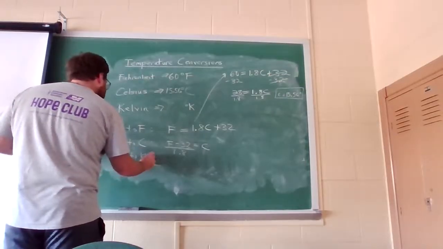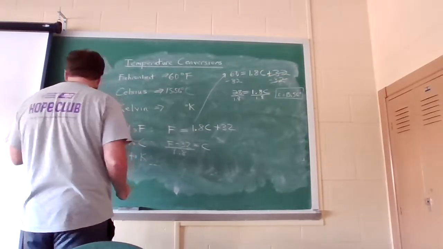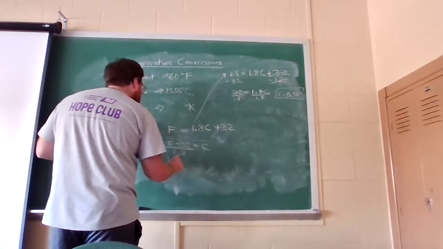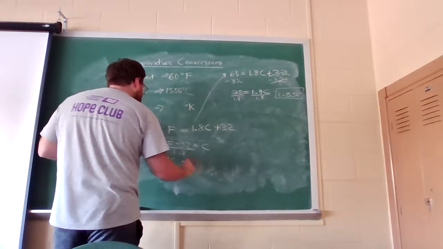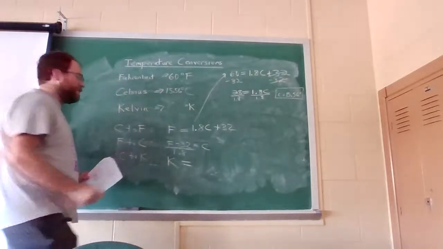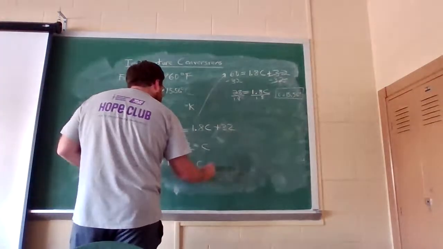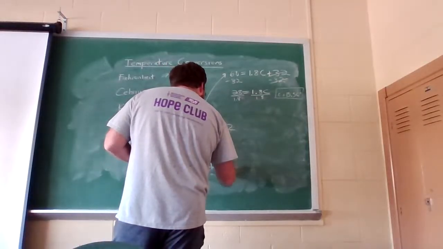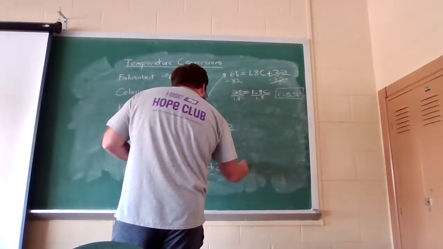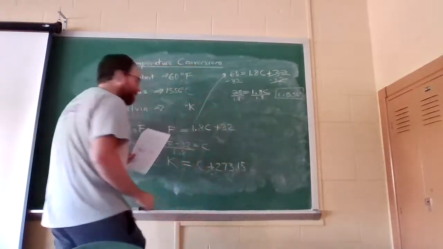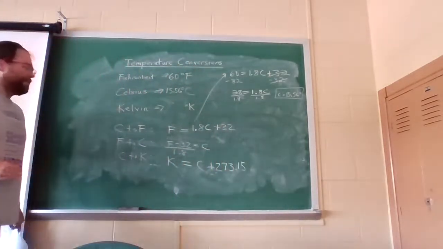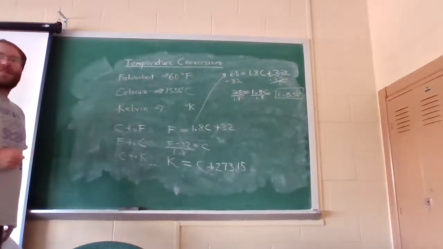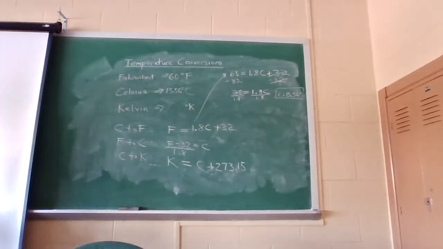The other one is Celsius to Kelvin. For this one, Kelvin equals degrees Celsius, so C, plus the 273.15 number. So it would just be 15.56 plus 273.15.